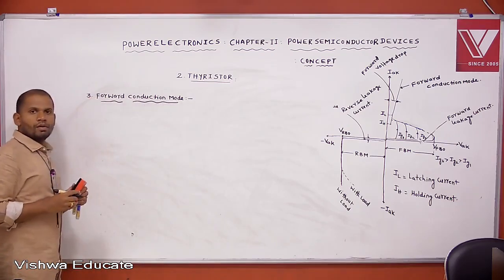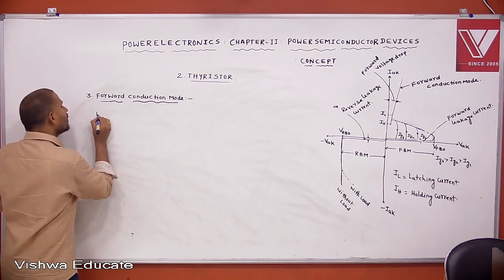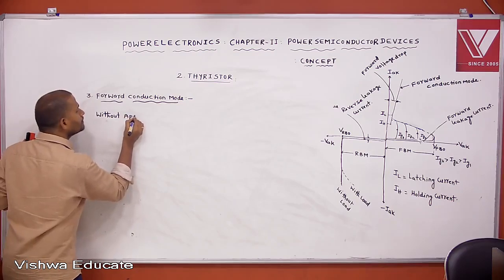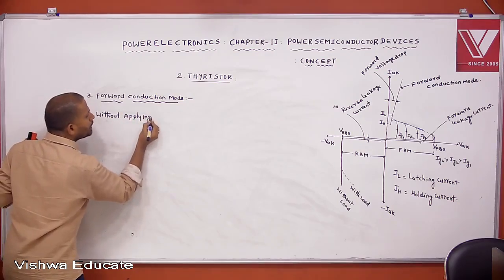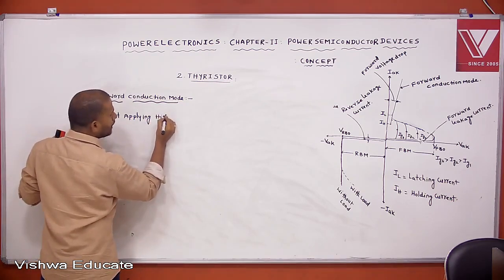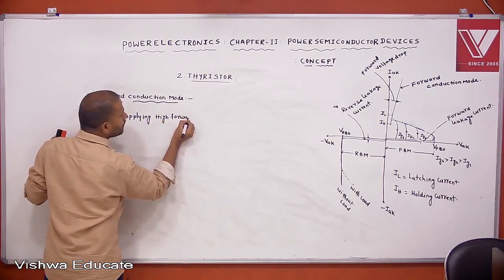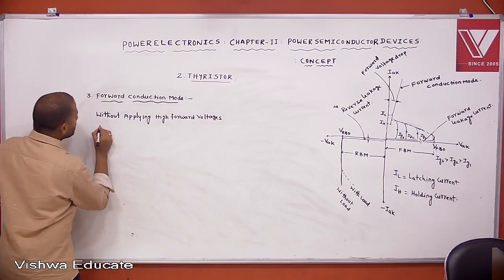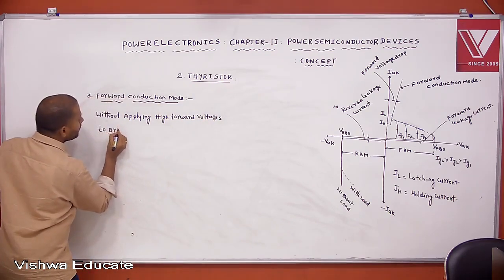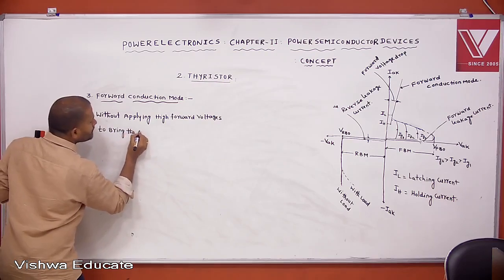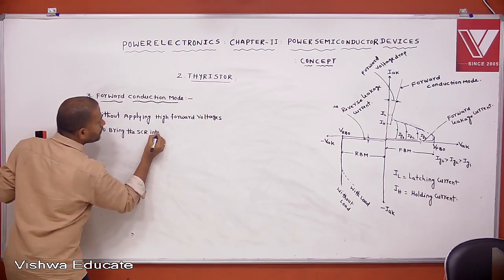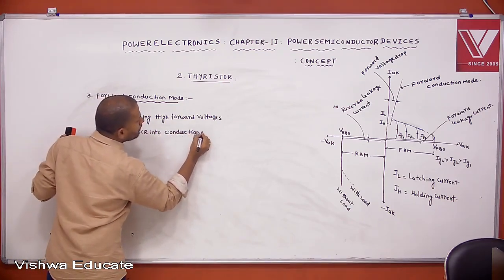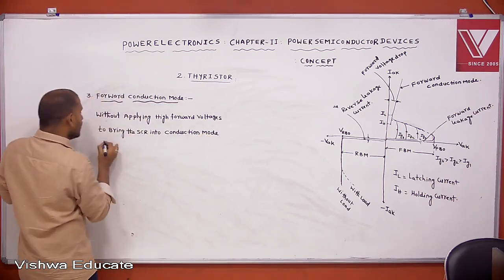Without applying high forward voltages, to bring the SCR into conduction mode, a gate supply is connected.